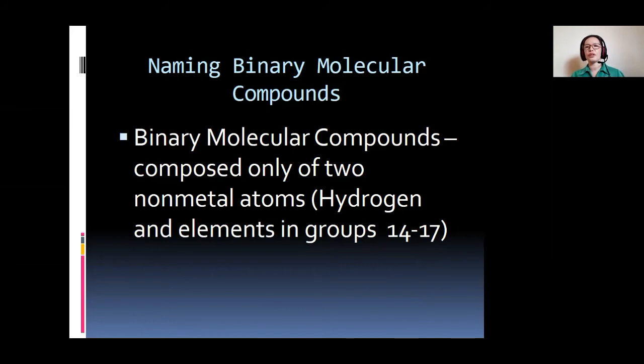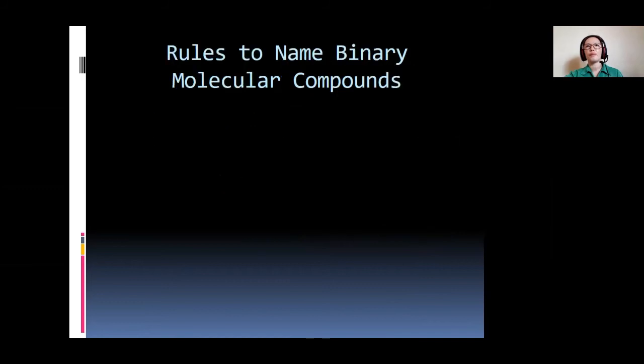These are compounds formed by covalent bonding or sharing of electrons. So covalent compounds or binary molecular compounds are compounds composed only of 2 nonmetals, a combination of hydrogen and elements coming from groups 14 to 17. Groups 14, 15, 16, 17. Okay, only the element hydrogen and elements found in groups 14 to 17 form molecular compounds.